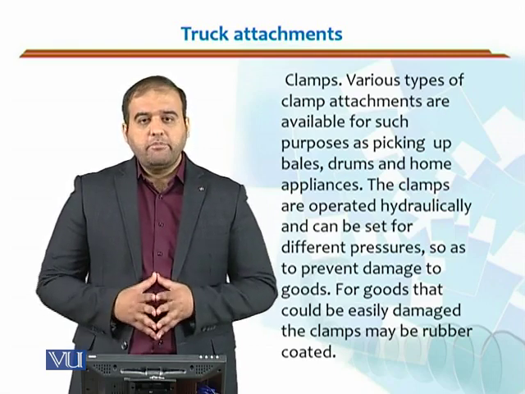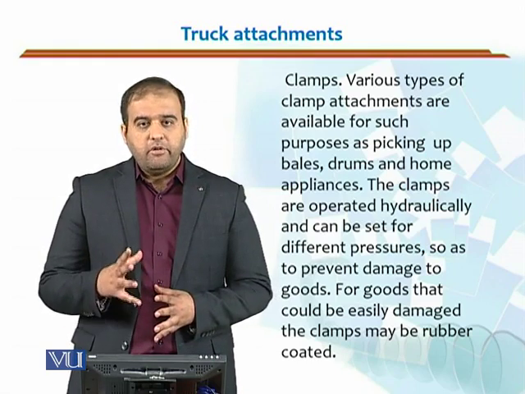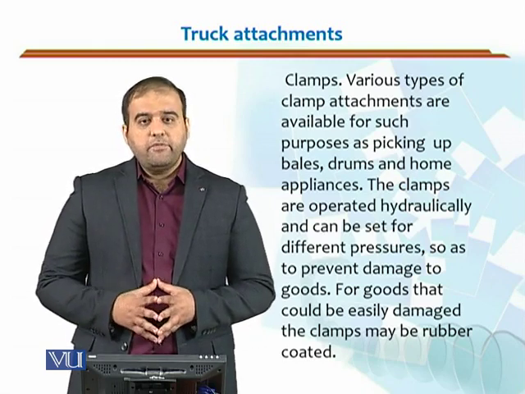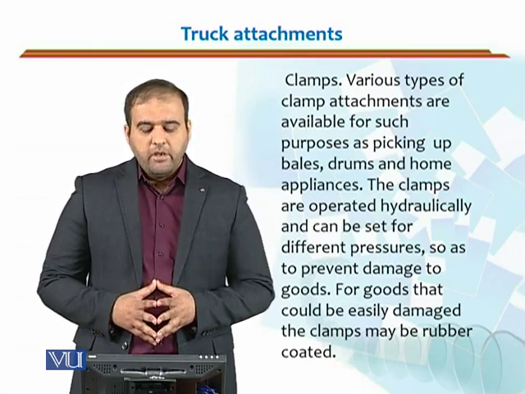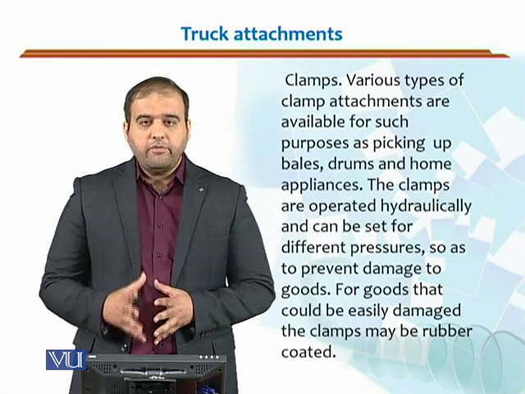So these are hydraulic machines, and the clamps actually work on hydraulic pressure, and they can be set to different pressures so that the product would not be damaged. For goods that could be easily damaged, the clamps may be rubber coated.